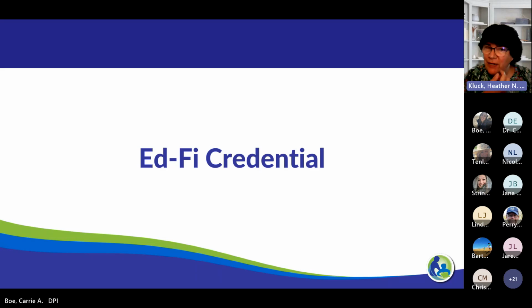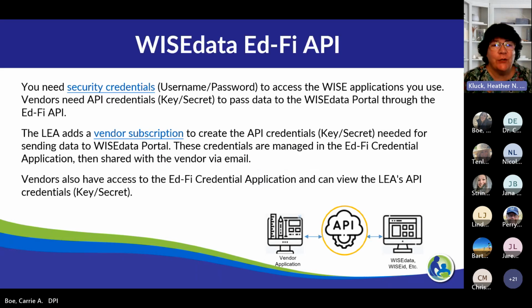And talking about Ed5 Credential, Carrie gave a really good overview. One thing that might be helpful for you is trying to differentiate between what a key and secret is compared to a username and password. In your vendor application, or even just logging into your email or your network in general, you use a username and password.